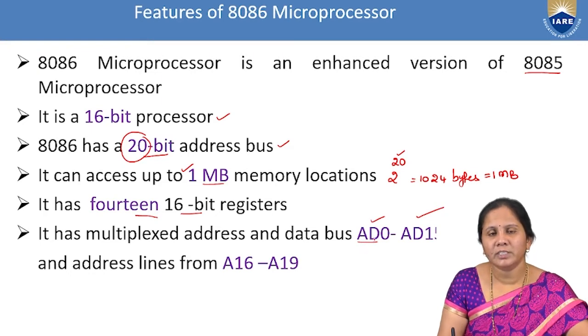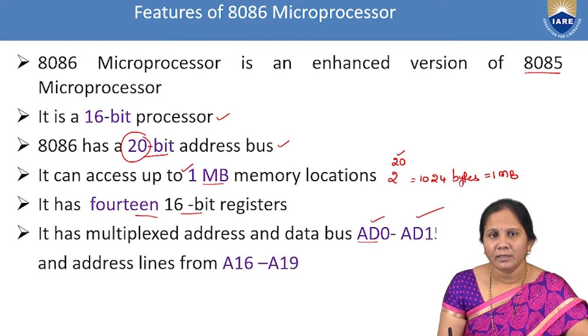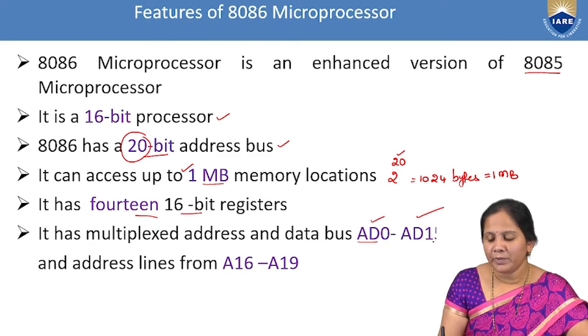In the 8086 microprocessor, the data bus width is only 16 bits. That is why only the data lines D0 to D15 are multiplexed with the address lines.